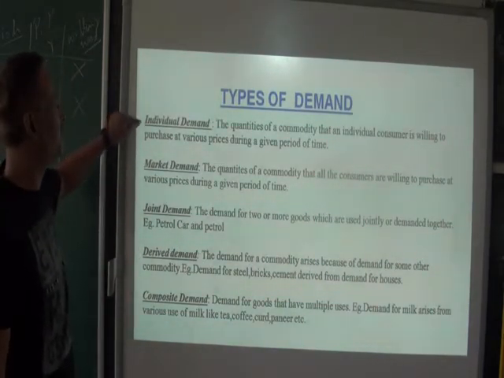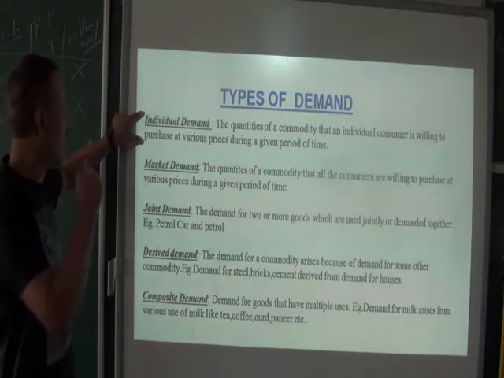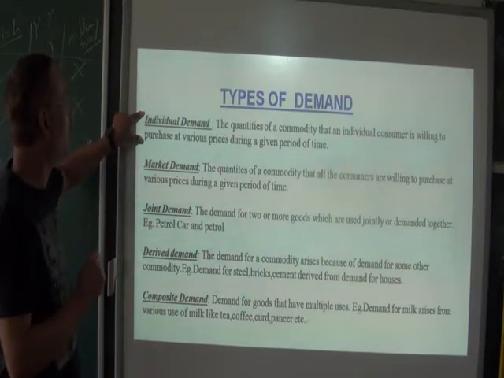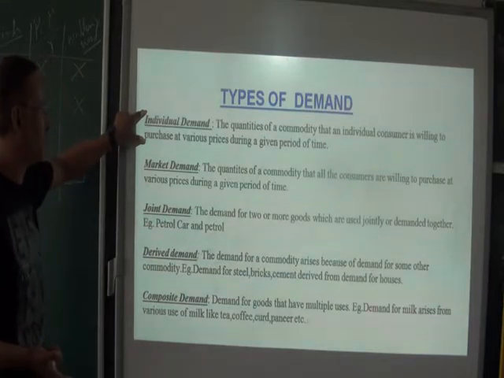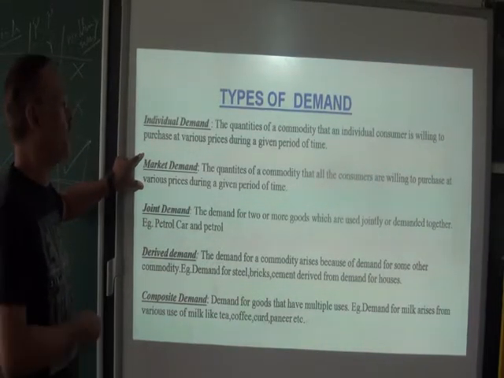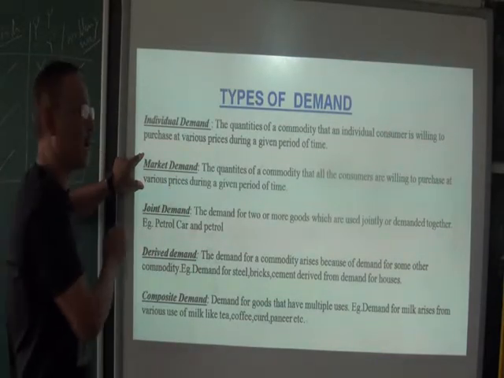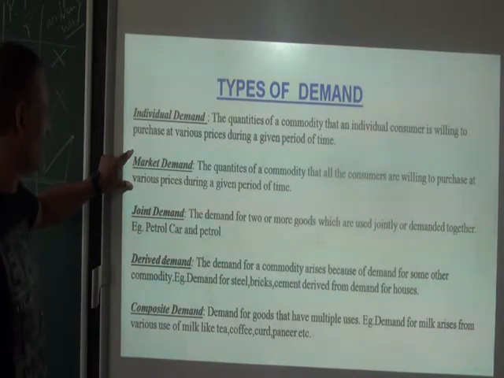The first one is the individual demand. Here I am going to explain this individual demand briefly, because I have to do a whole topic of individual demand in the next chapter. Market demand is similar. I have to briefly explain what is market demand, because in the next chapter I need to explain it in detail.